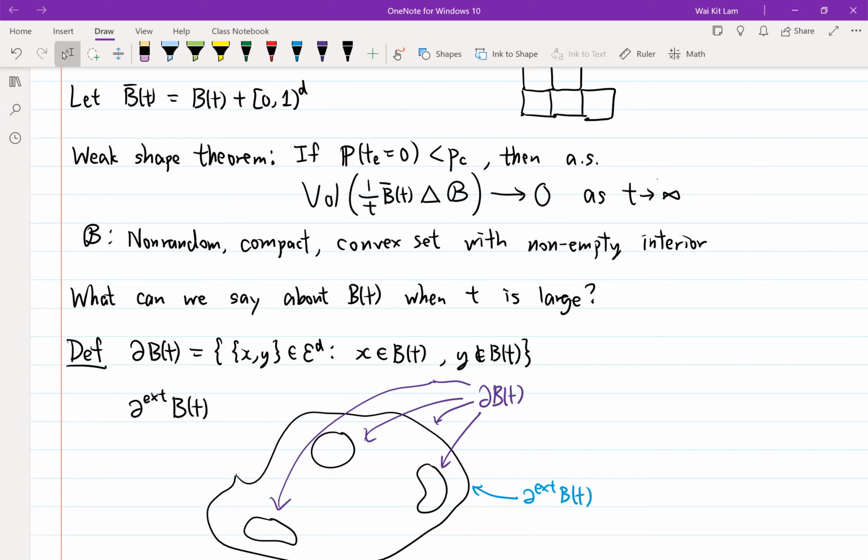For some specific distributions, we can tell what this B might look like in certain directions. For example, you can show that for a certain distribution, there's a flat edge somewhere inside the so-called percolation cone. But in general, we don't have much description of what this B looks like. Thank you.